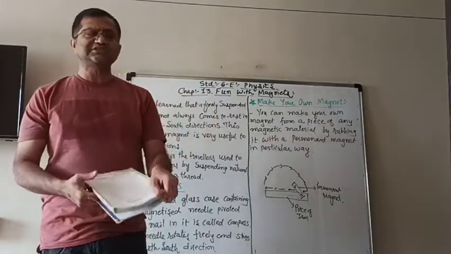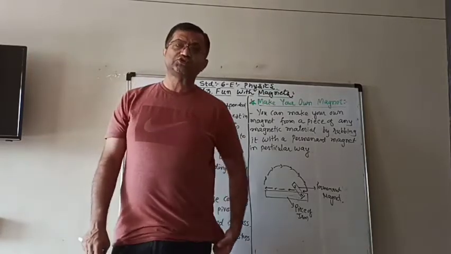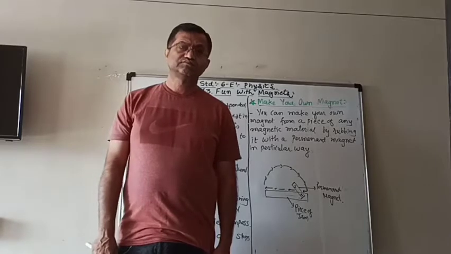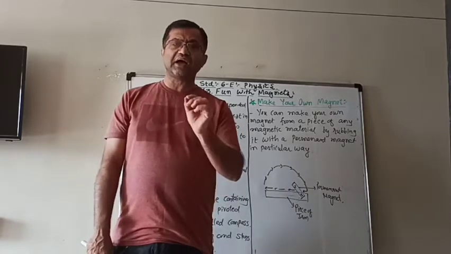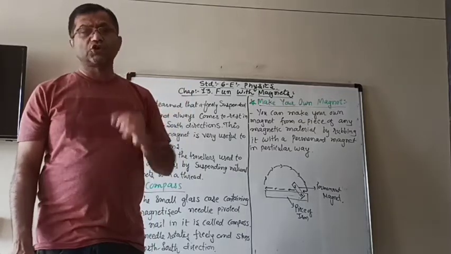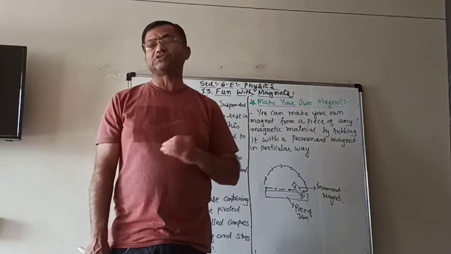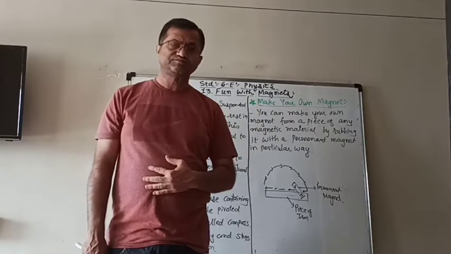To understand north and south direction, the needle is colored with two different colors. Half is red, half is black. The red end always shows the north direction and the black end always shows the south direction.